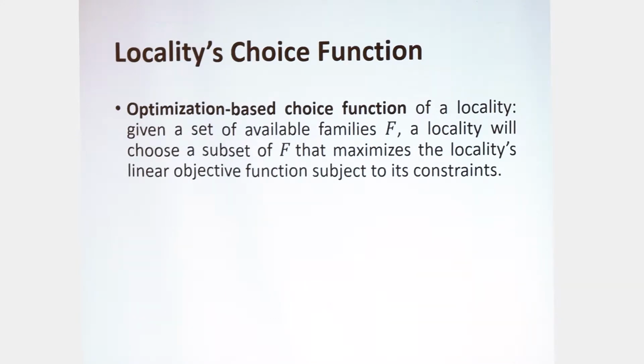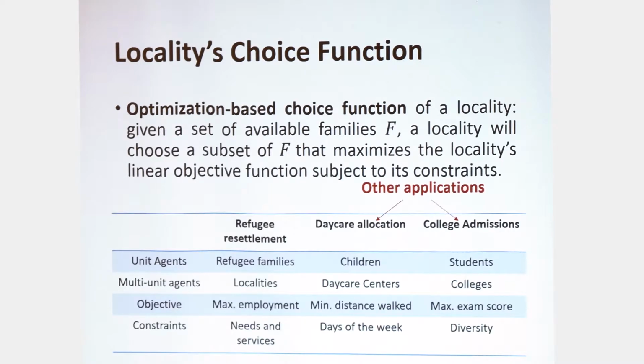Subject to the constraints, a locality also has an optimization-based choice function. Given a set of families F, a locality chooses a subset of F that maximizes the locality's linear objective function with respect to the constraints. I have just described our model in the context of refugee resettlement.